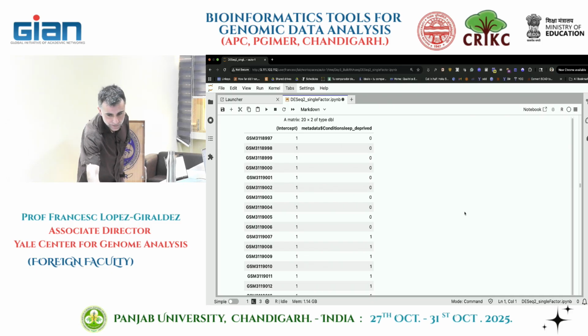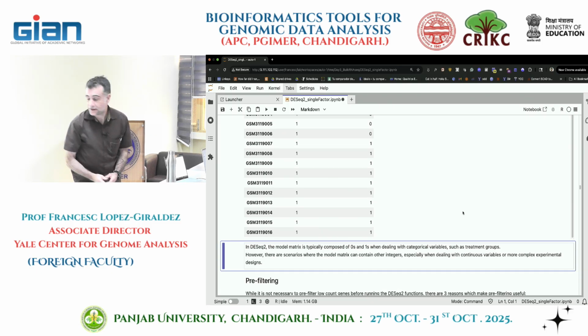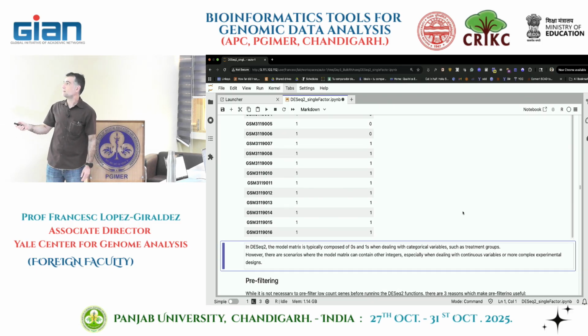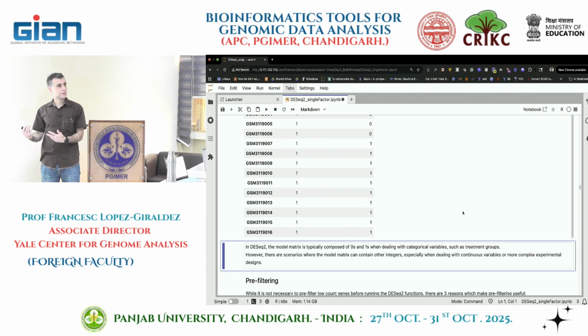So we scroll down. These samples use 1 arrow plus a second arrow. These are the ones that belong to our condition. Again, you're probably not going to use this that much. I'm showing it, but this is a simple case: you only have one condition, normal plus treated.